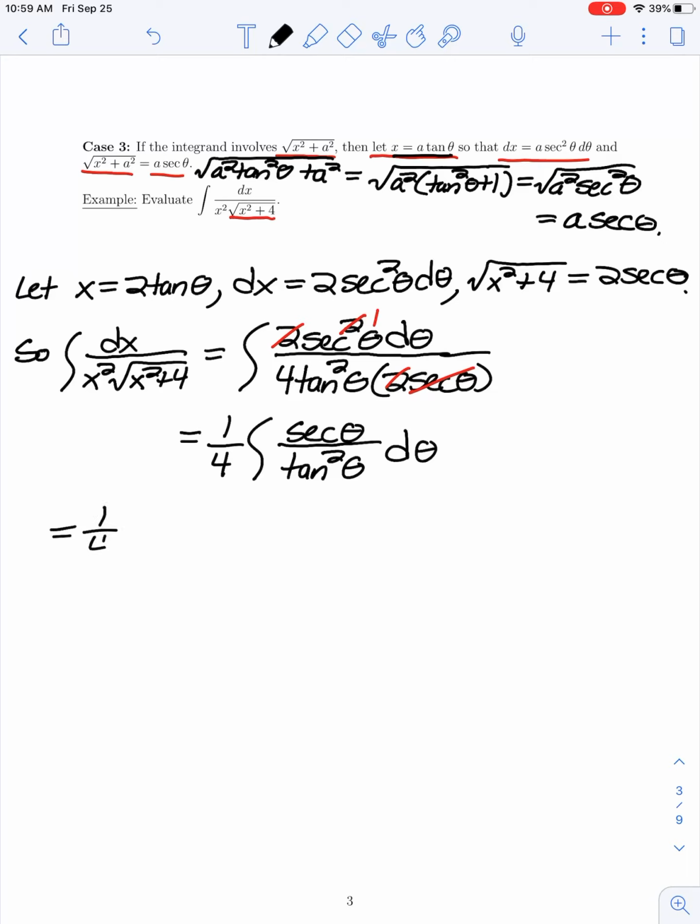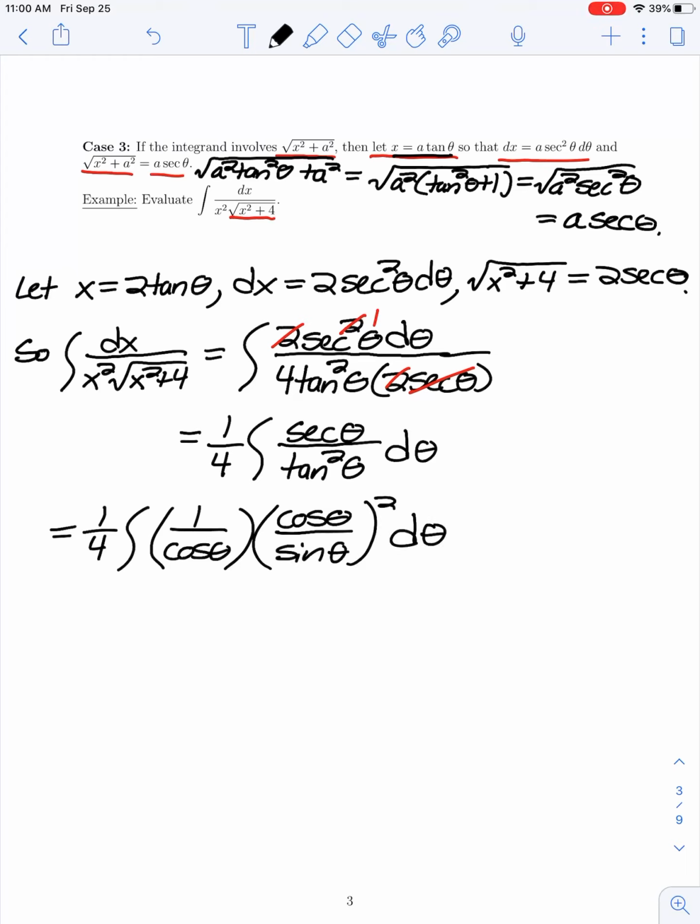We had a constant of 1/4 out in front. Now secant theta is the same as 1 over cosine theta. And then we were dividing by tangent squared theta. Tangent theta is given by sine over cosine, but if we're dividing by tangent, that would be the same as cosine over sine of theta, and that quantity was being squared.